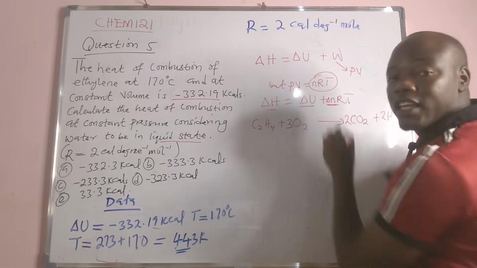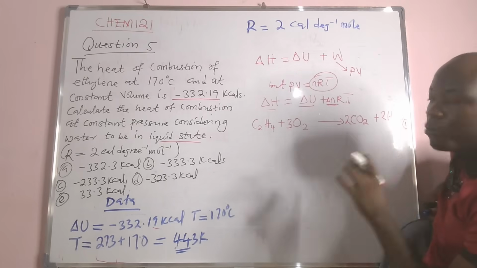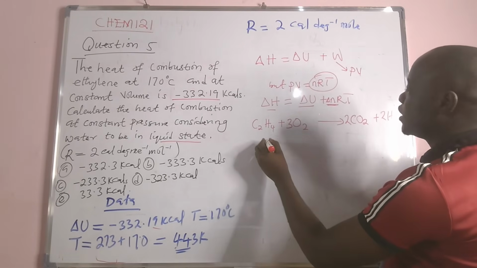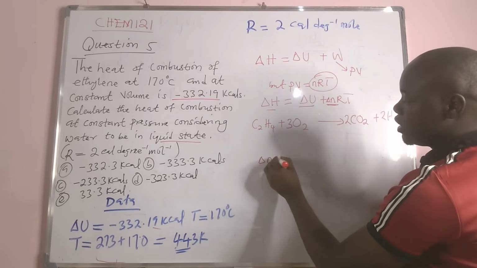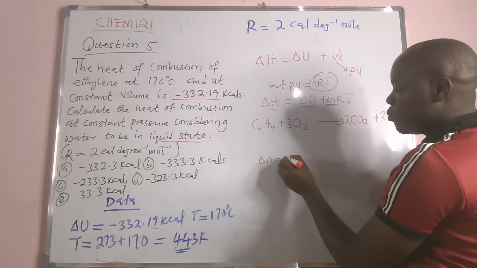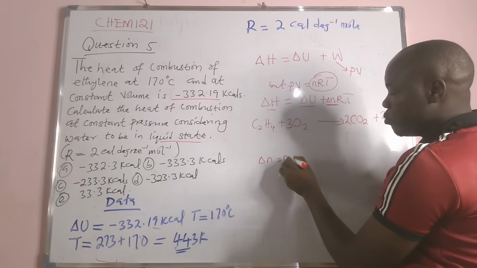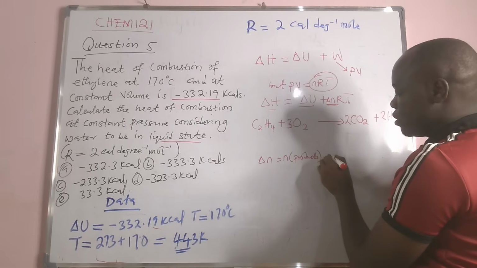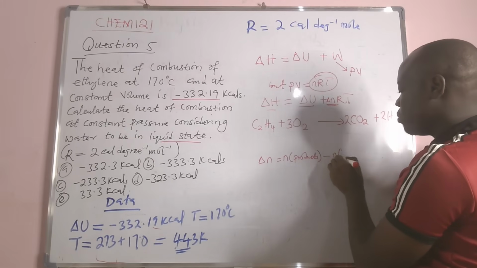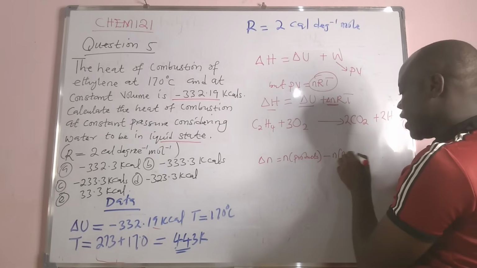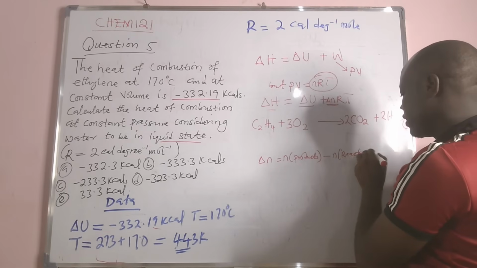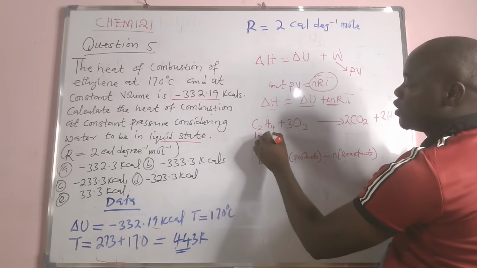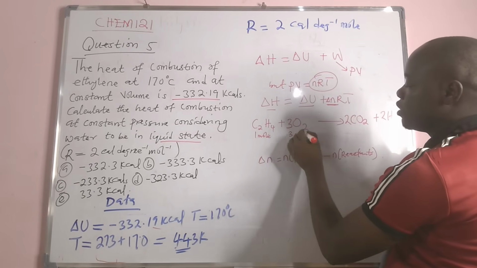But this delta N is just trying to show the number of moles of gaseous substance. And of course, when we say delta N, it means the number of moles of product minus the number of moles of reactants. So as we can see here, we have 1 mole, and here we have 3 mole.